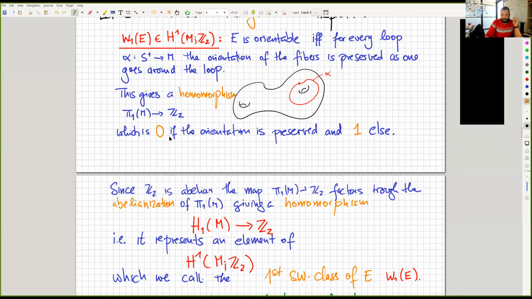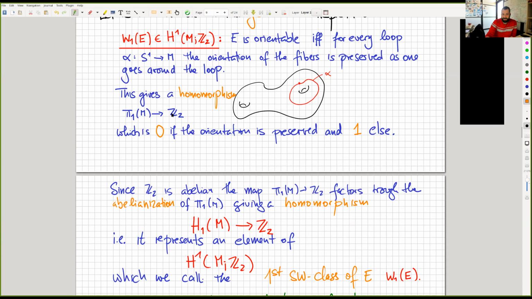And now just a fact of group theory, because Z2, the group of 2 elements, is abelian, this map must factorize through the abelianization of pi1, right? Because this is abelian, the image of the group here just only takes care of the abelian part of this group.